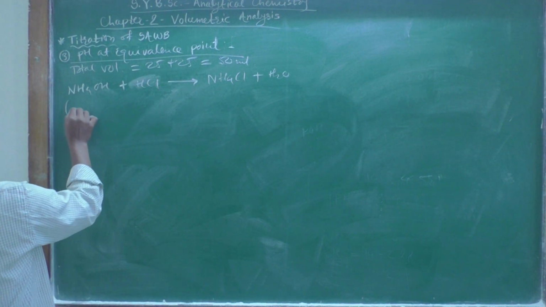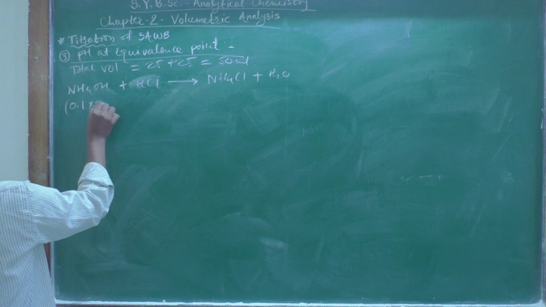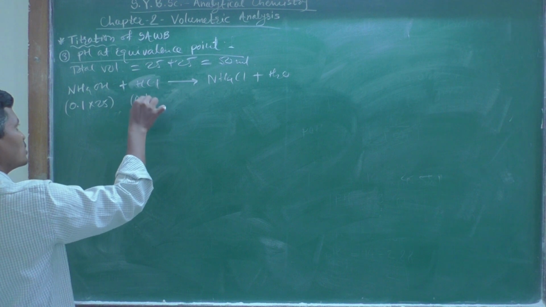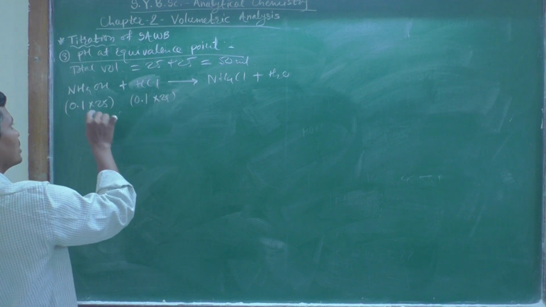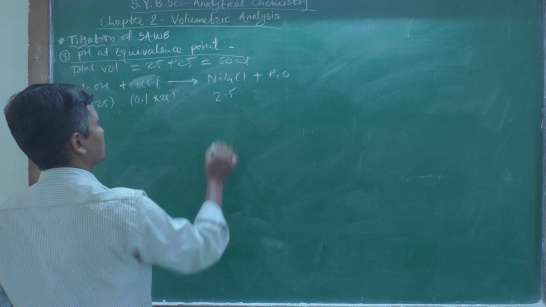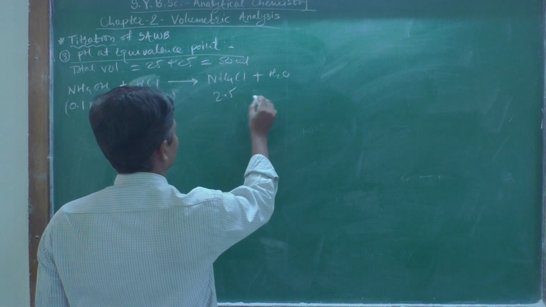The concentration was 0.1 into 25 ml. The reaction between them will form 2.5 millimoles of ammonium chloride, that is salt.